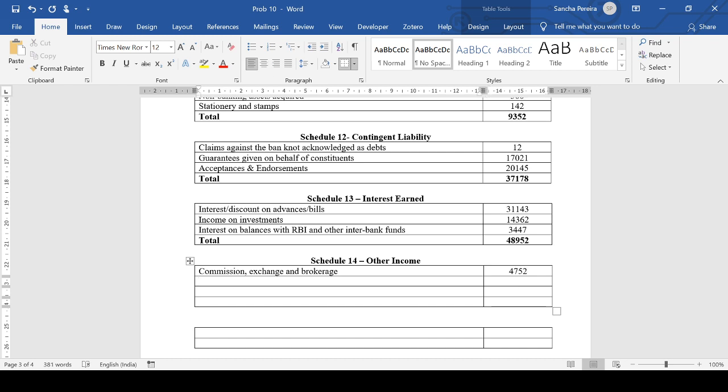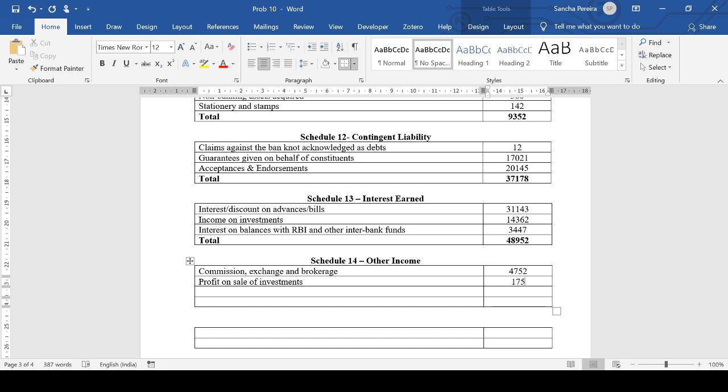Then we have profit on sale of investments, which is 175.